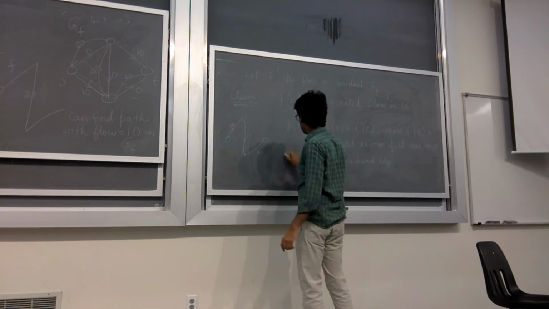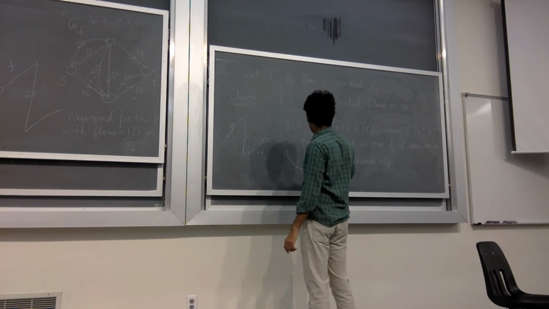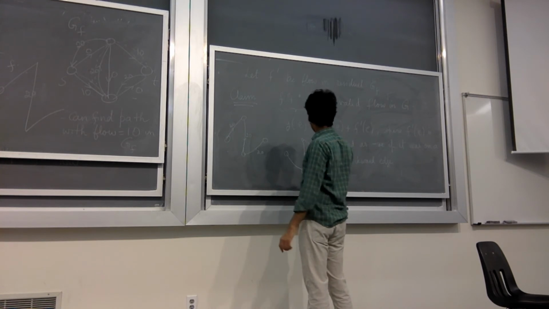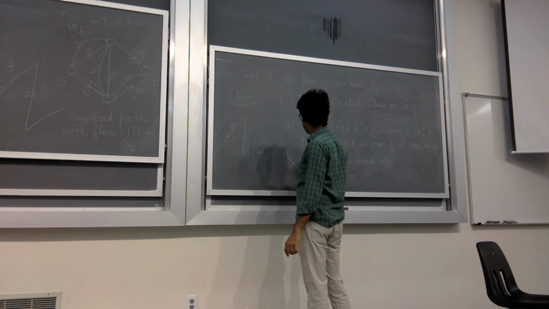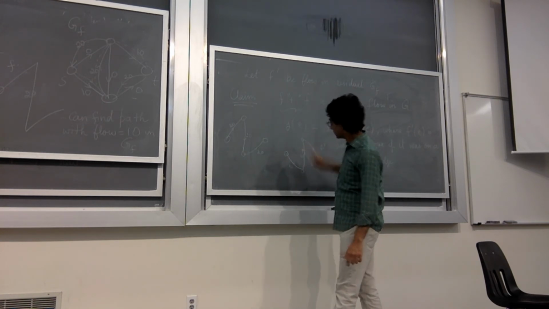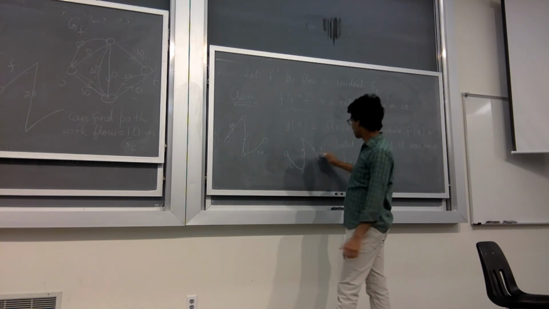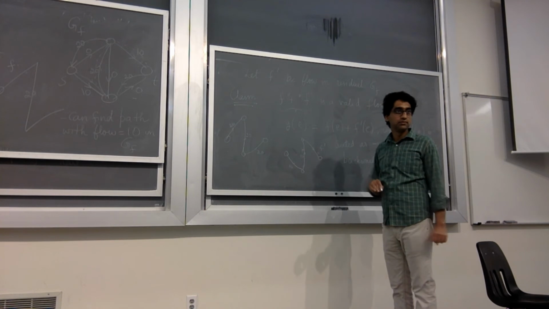And f prime was a path that looked like this. Okay, and this had 10, 10. Well, this was using the backward edge e. And this was using the original edge. So this is f prime.